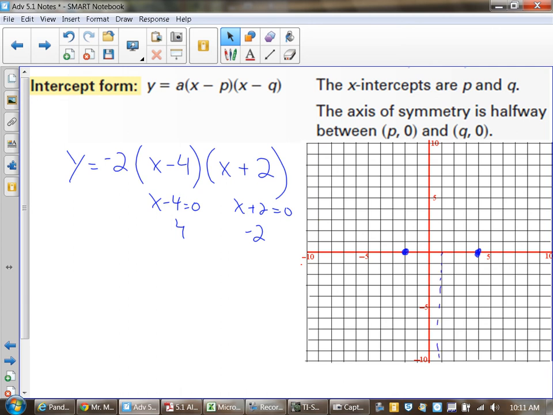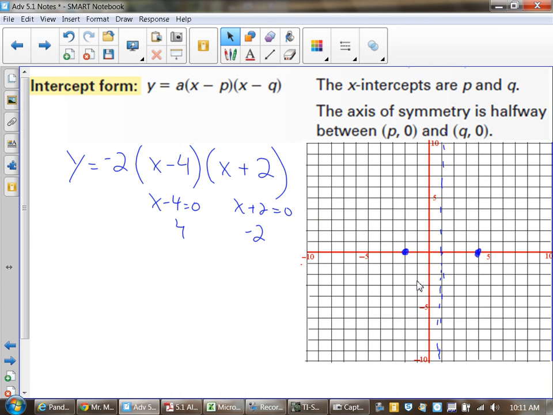So my axis of symmetry is the halfway point between the two. Everybody see how we did that? All we did was figure out how far apart they were, cut it in half, and just walked it. It's the easiest way to do it. Or you can add them together and divide by 2. It's the average. That way it works as well. So I know that my axis of symmetry occurs at x equal 1.